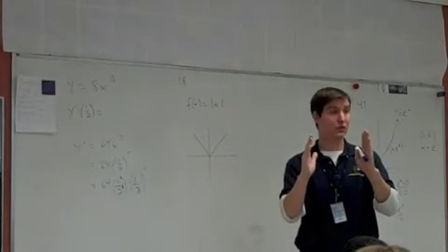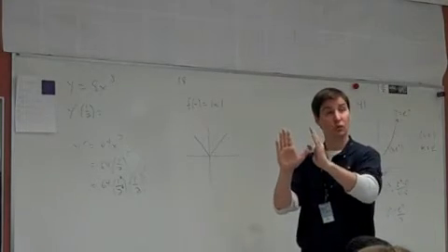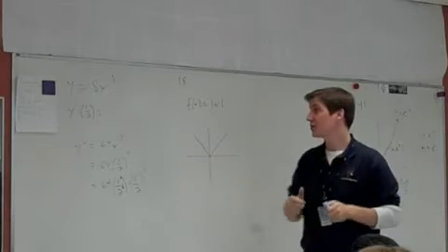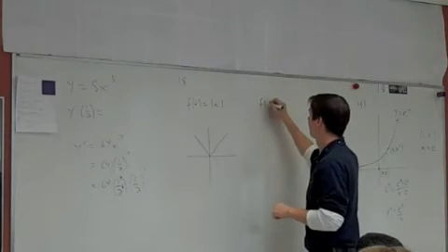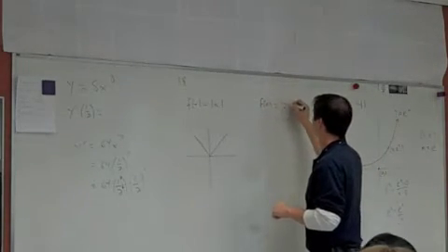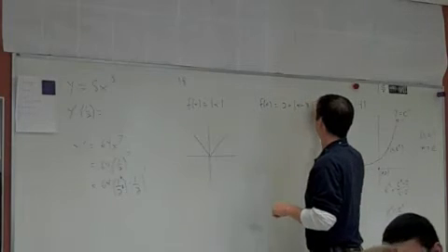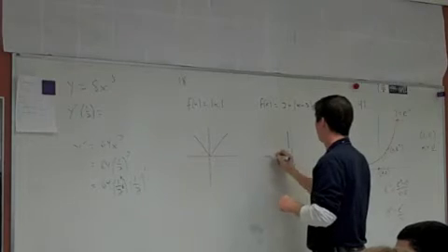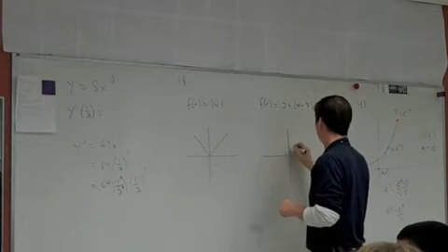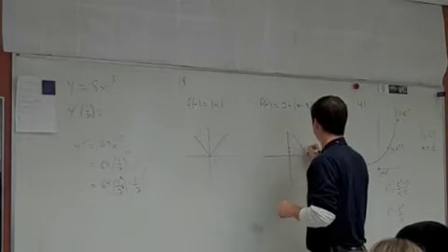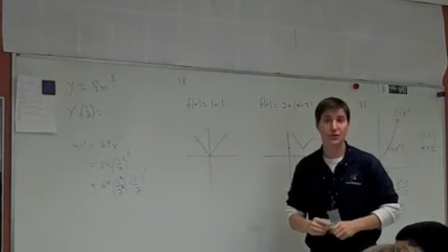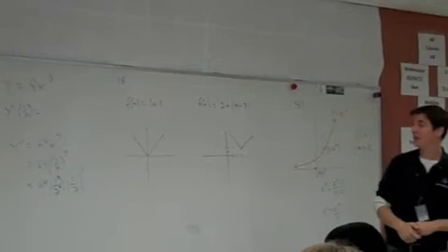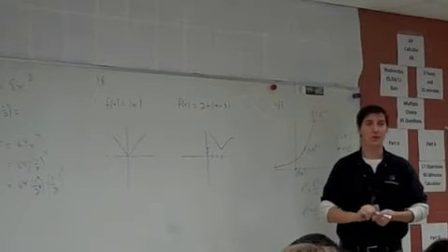That moves it right. And then what does plus 2 do? Moves it up. So this is shifted right 3 and up 2. There's your graph. And it's a corner. Do you see it? At x equals 3, you've got a corner, so the derivative doesn't exist.